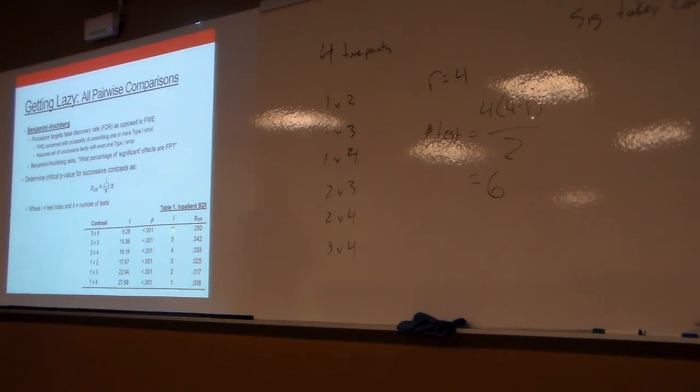We start at the total number of tests we got, the smallest one gets assigned 6, and then move down, and then our p-critical is based on the Benjamini-Hochberg procedure right here. Clearly, we've exceeded it, and we would identify all of these as statistically significant, but what we're doing is increasing our threshold as we proceed through these different tests.